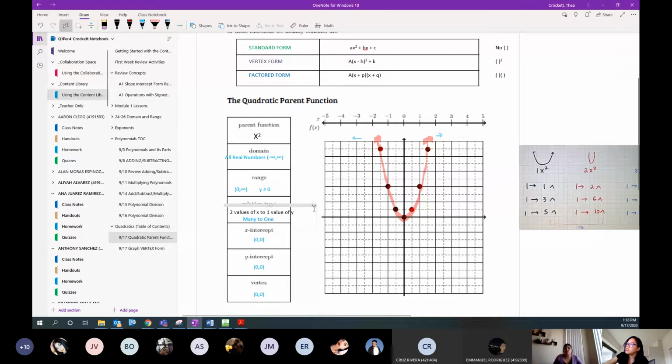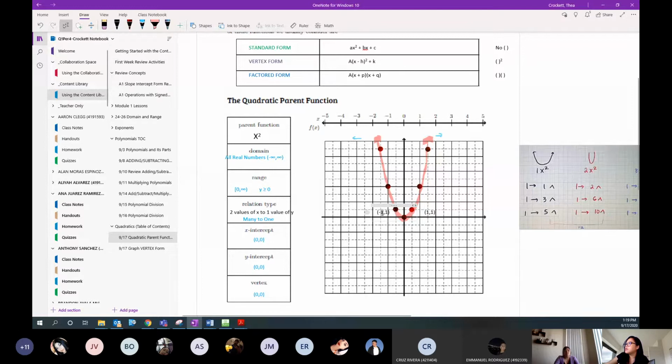And then for the relation type, if you look at these 2 points after the origin, after the vertex, we have 1, positive 1. And then the other point, we have a negative 1, comma, positive 1.